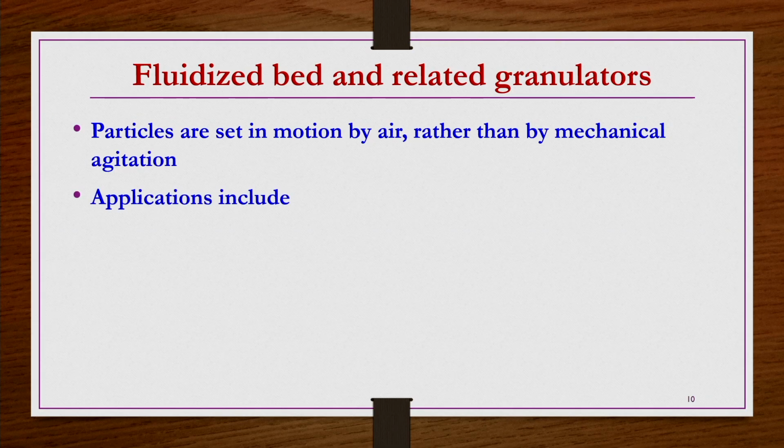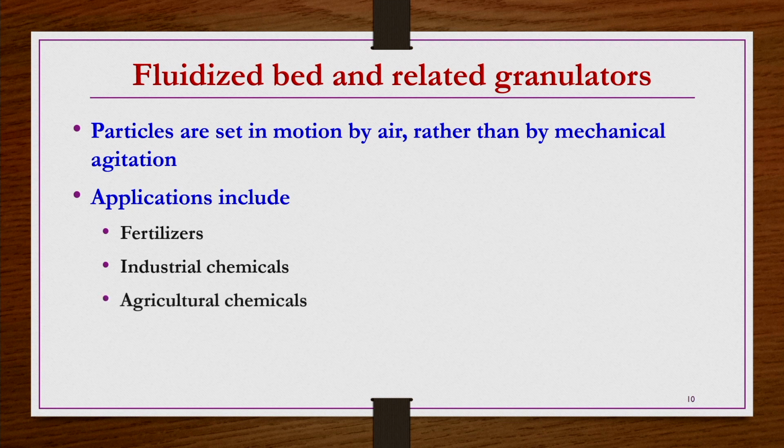They have several applications, which include fertilizers. These are used in fertilizer industries, and in the production of a number of industrial chemicals. Agricultural chemicals production also uses fluid bed granulators for size enlargement.